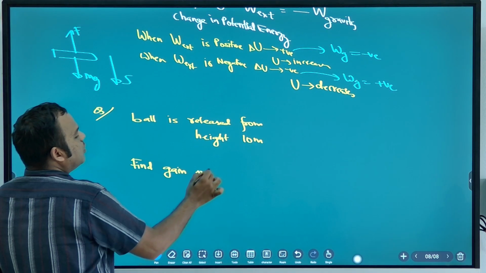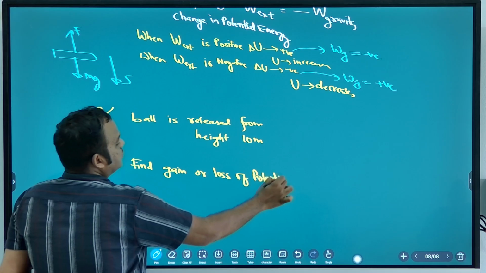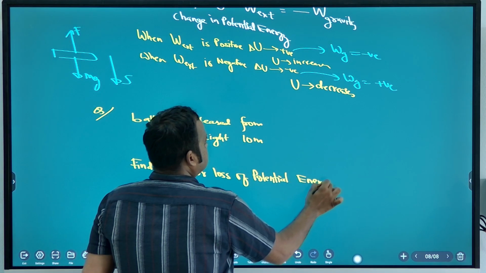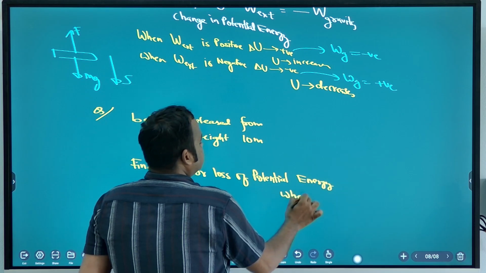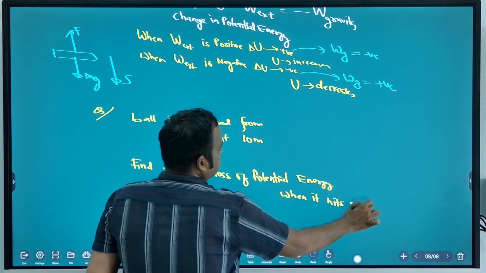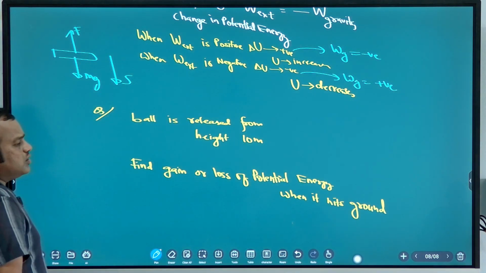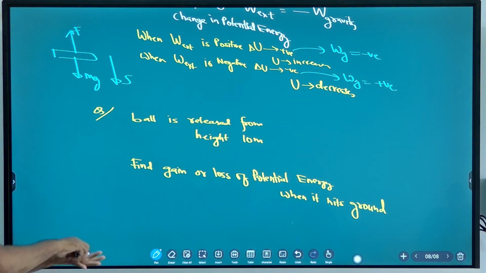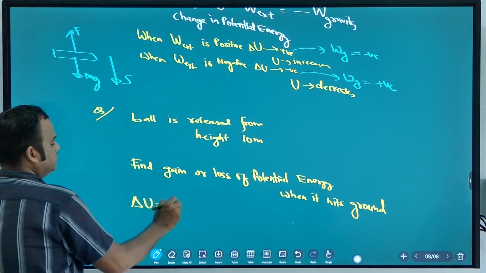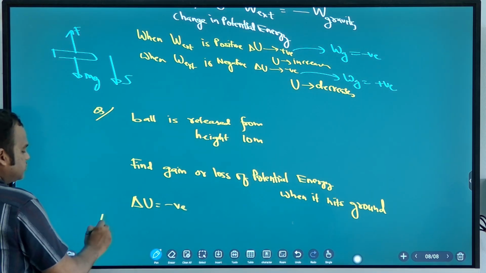Find the gain or loss of potential energy when it hits the ground. Answer this. When it hits the ground, first you tell me, is it gain or loss? Loss. So delta U is positive or negative? Negative.